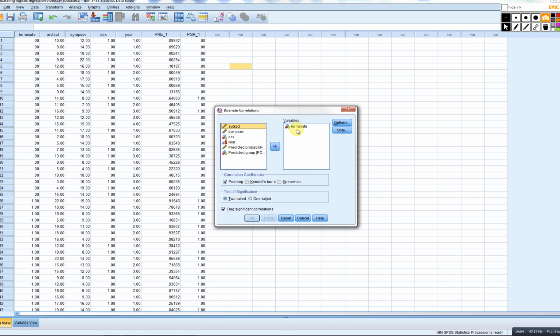Essentially, the phi coefficient is the Pearson r between two dichotomous variables. So we click on the terminate variable that we have right here, and move our predicted group membership over as well, and we click on OK.